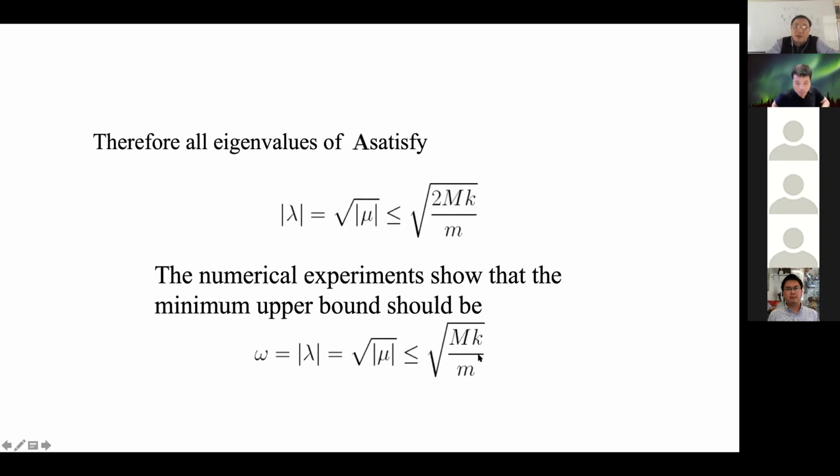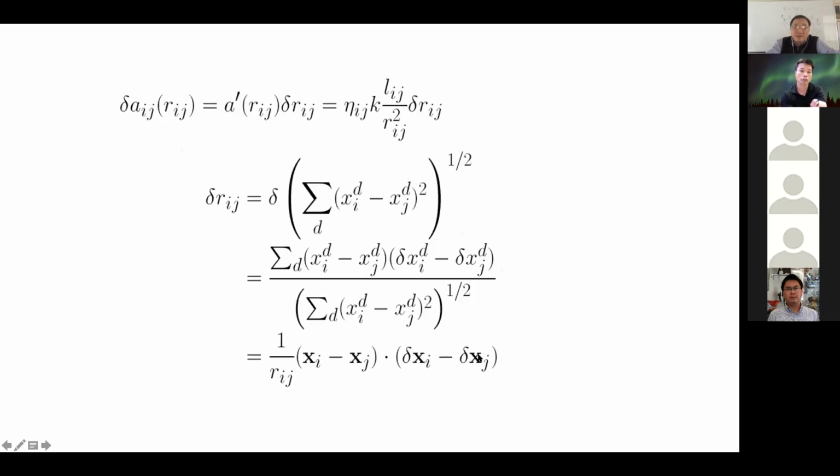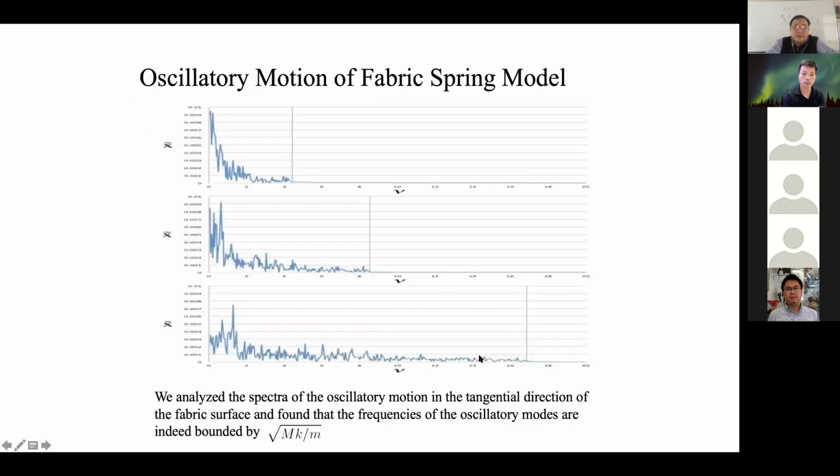But numerically, we did observe the bound, and this is the oscillation you have from the spring mass system, and these vertical lines are all the square root of mk over m.